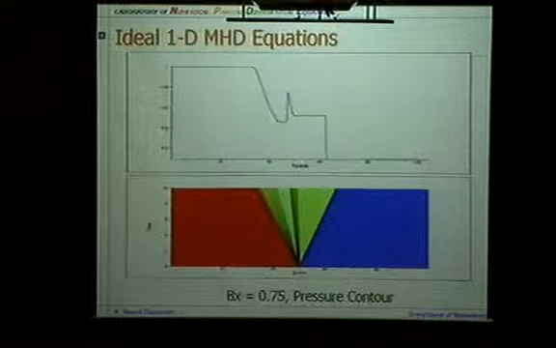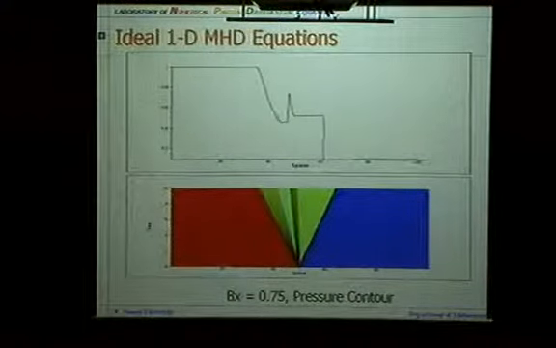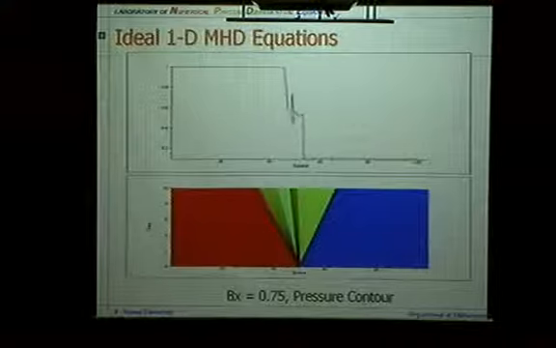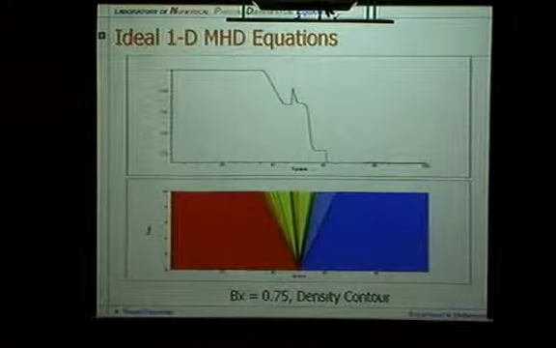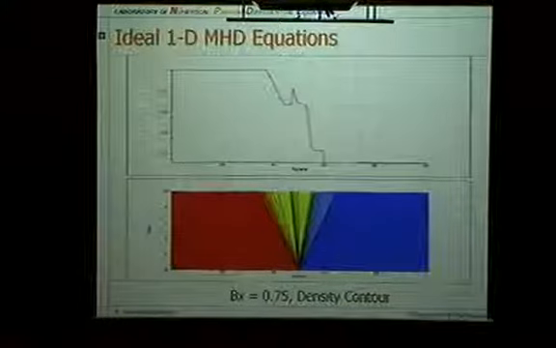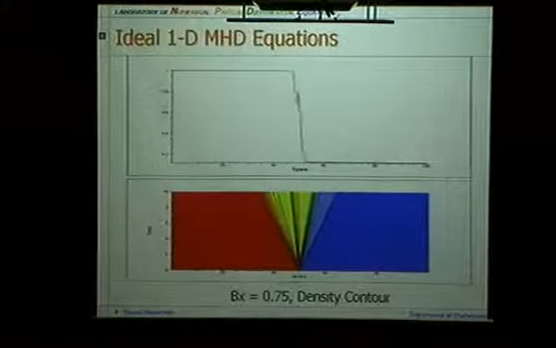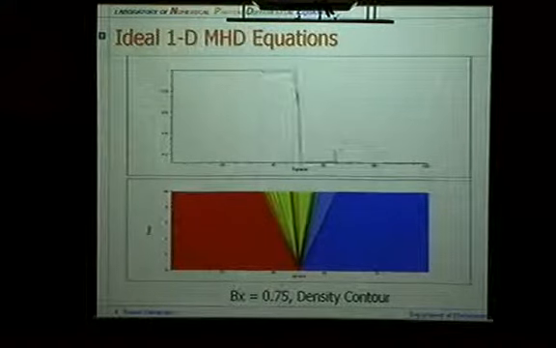So this is the simulation of the pressure, and this is the direction of the characteristics. This is the density, and here you can see the contact discontinuity. This discontinuity didn't appear before, but this density shows some contact discontinuity here.